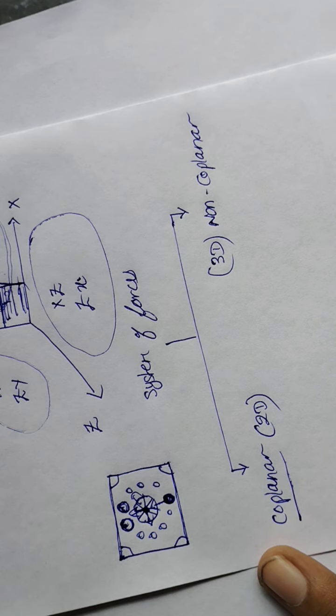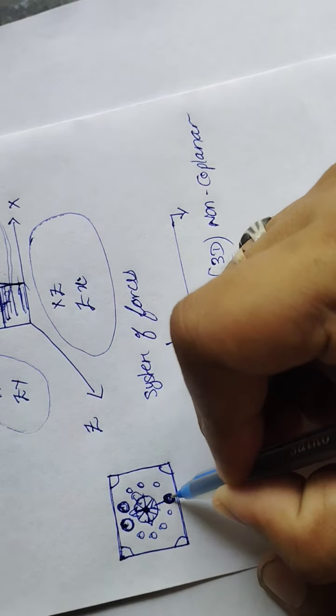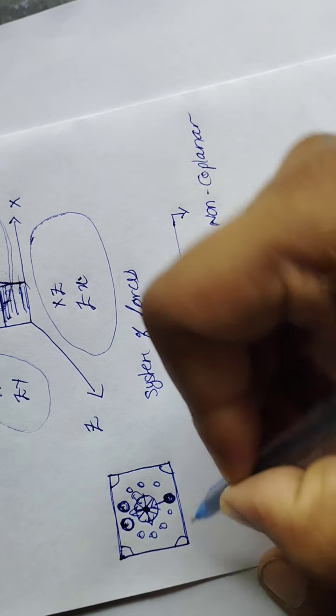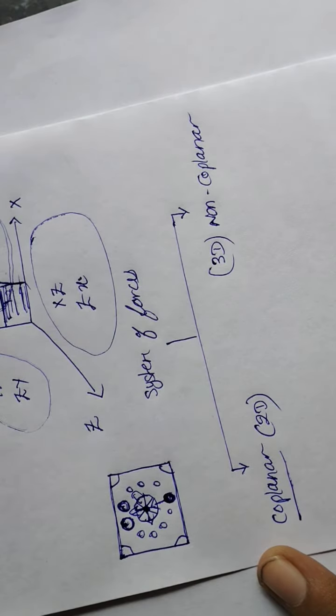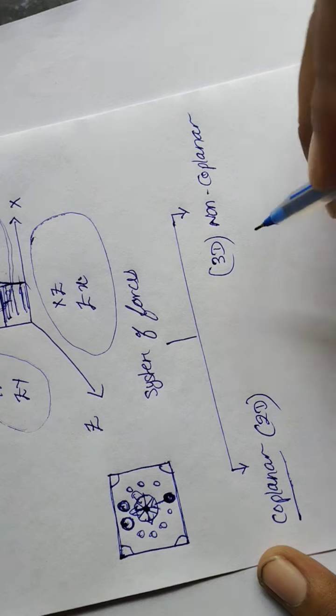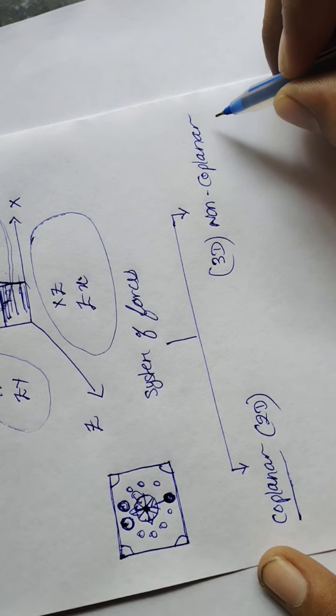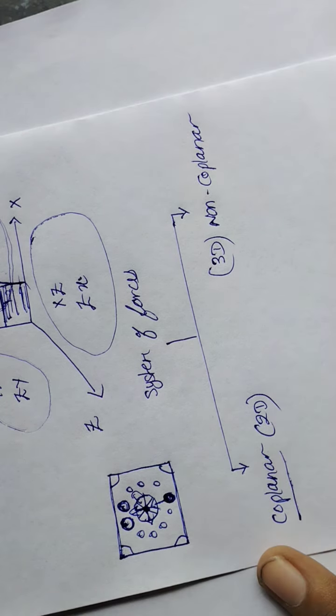That means all the forces acting by the striker on the carom coins will be in the same plane. That's called coplanar. When you hit the striker, it does not jump or fly. Now, if I hit this striker and it flies away, then it is called non-coplanar, because the z axis will be taken into action.